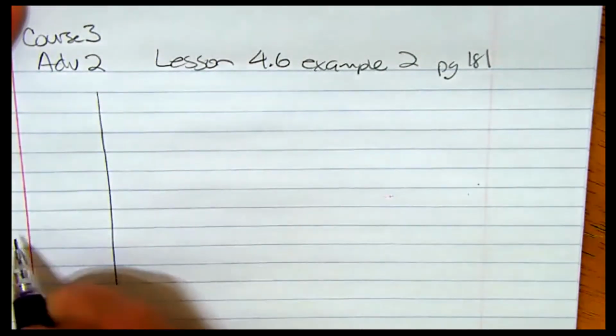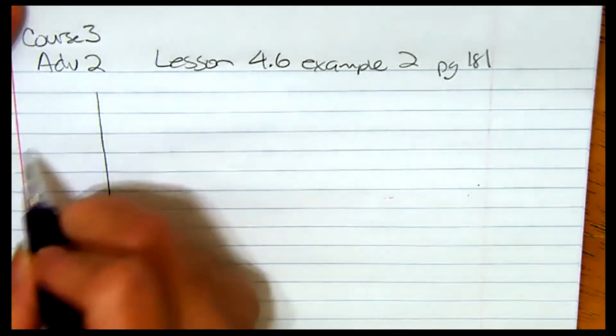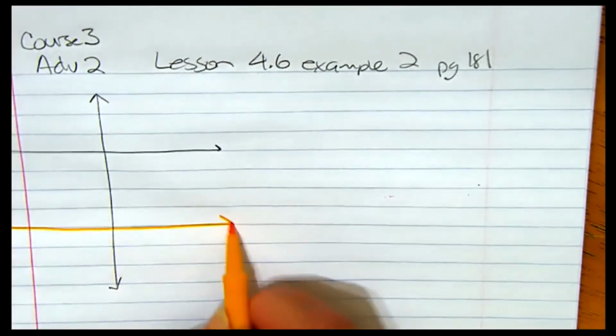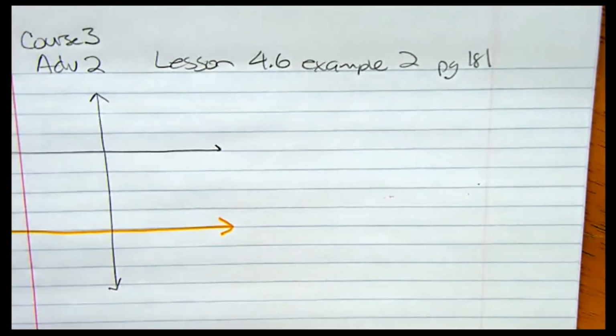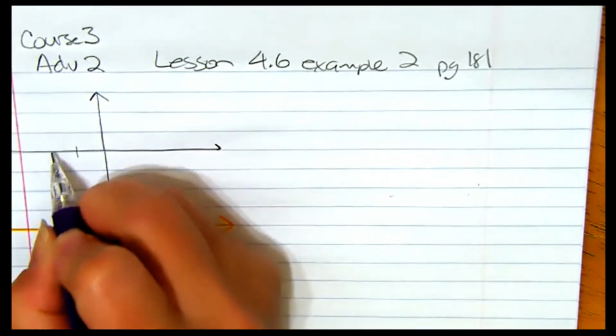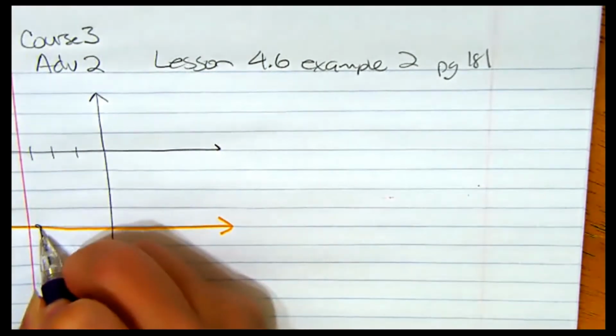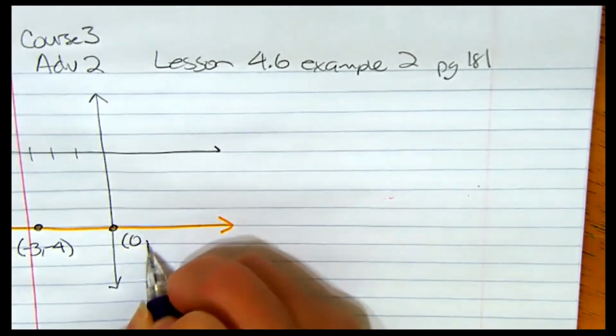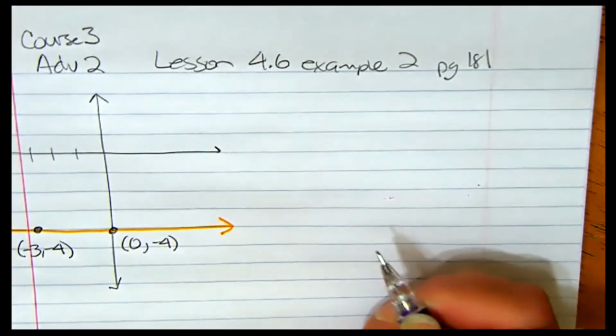So they give us this graph. That looks like this. And here's the line that they give us. And they give us the points -3, -4, and 0, -4.